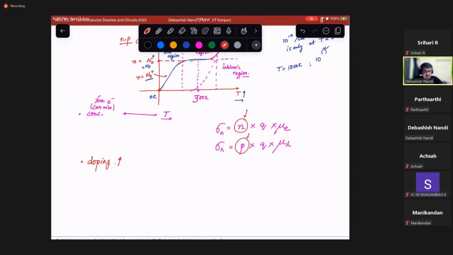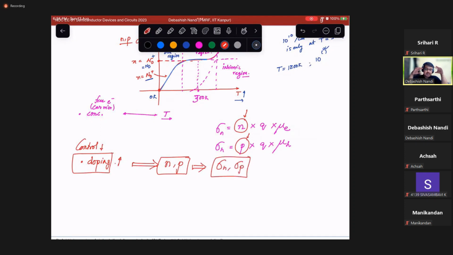So I want my control handle to be doping only. So doping will control n and p. This will control sigma n and sigma p, or the conductivity. So the conductivity of the semiconductor I want to control by doping only.